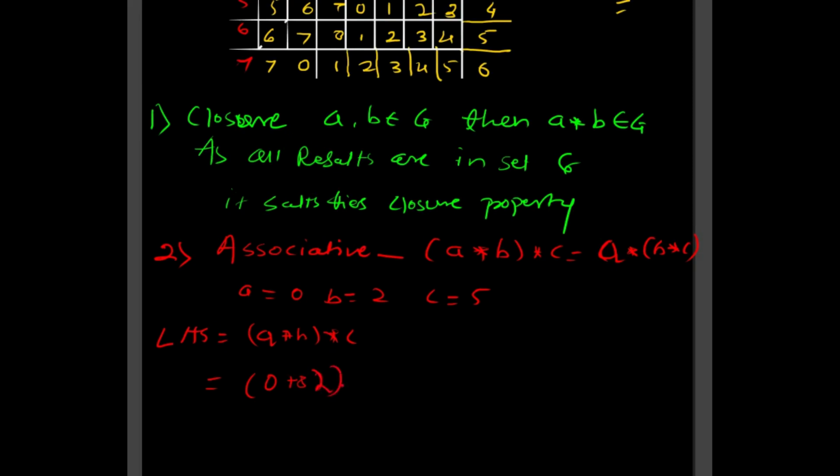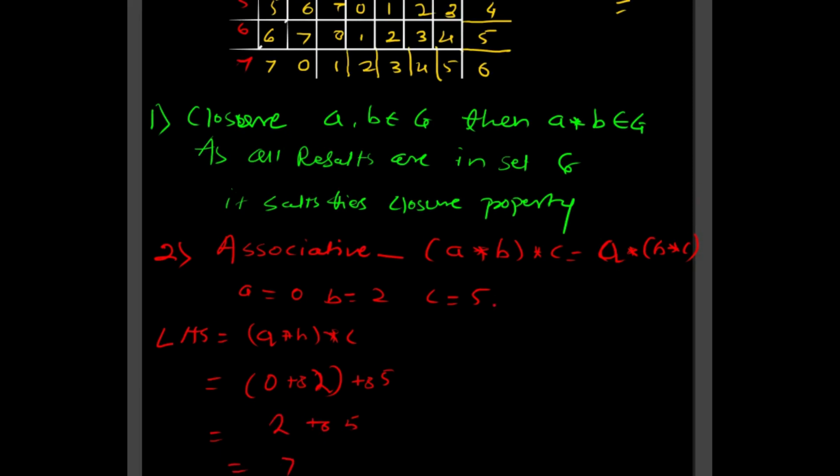So if you solve this, 0 plus 2 is 2, 2 mod 8 is 2. Now 2 plus 8 with 5, meaning 2 plus 5 is 7, 7 mod 8 is 7.